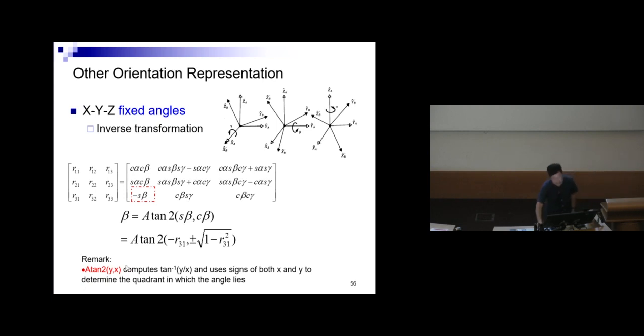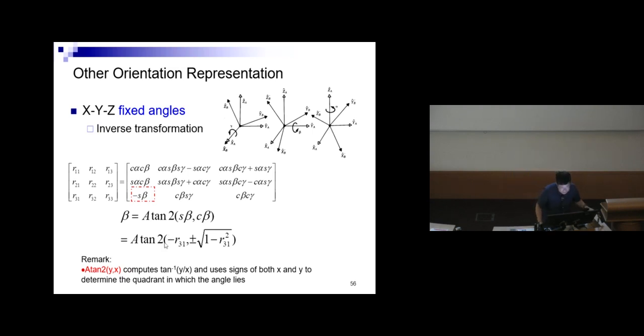So this is your arctangent, and the 2 refers to two arguments, two dimensions.